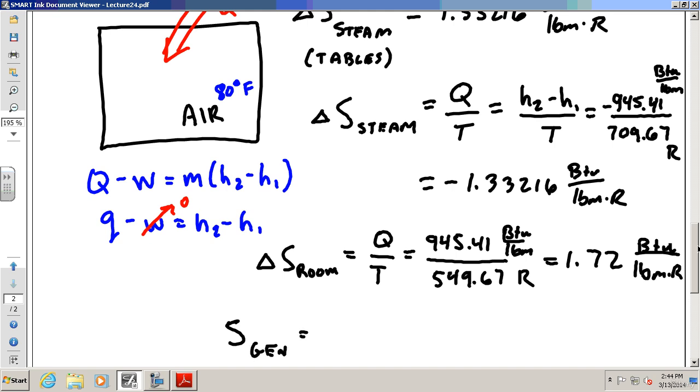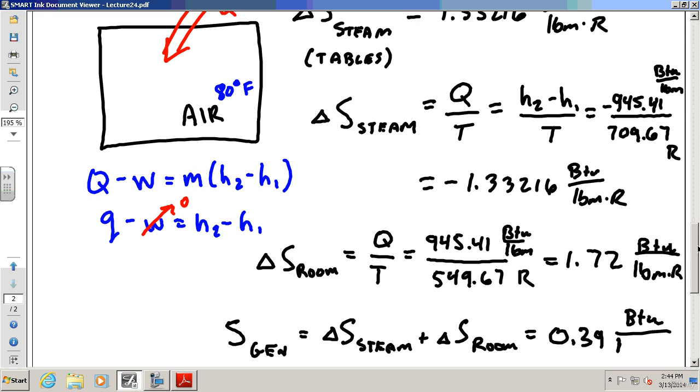The S generated is equal to the change in entropy of the steam plus the change in entropy of the room. So that's going to be that minus 1.332 or whatever. So it's about 0.39 BTU per pound mass Rankine.